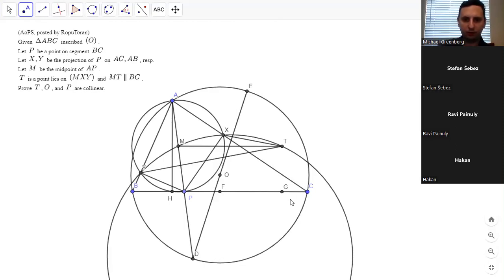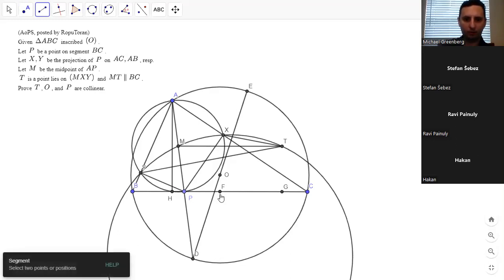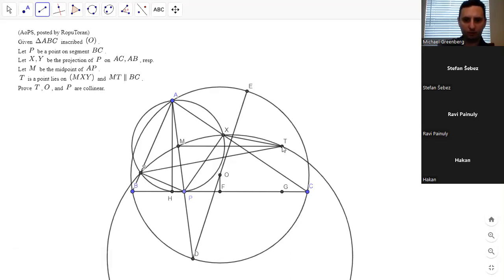And TG is half of AH, right? So that could help. Yeah, TG is half of AH and OF is half the distance from A to the orthocenter.